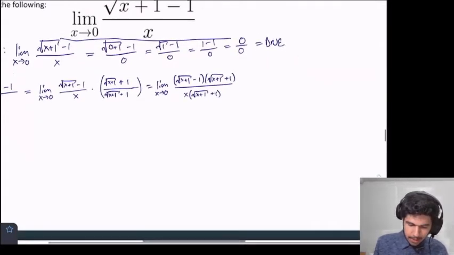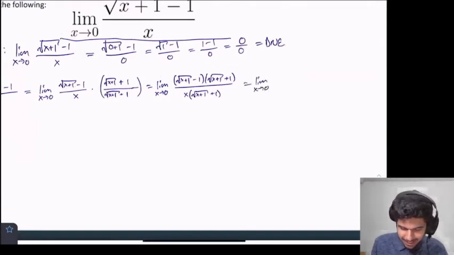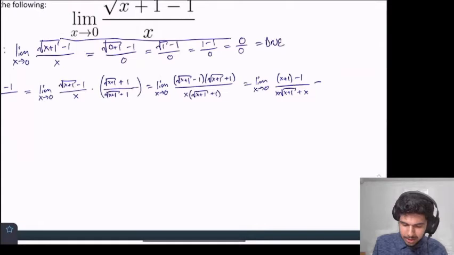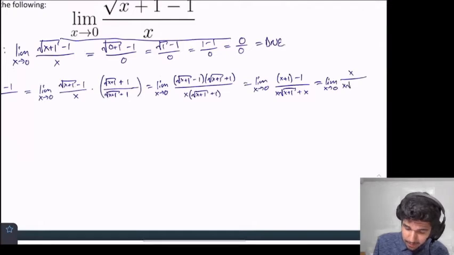And if we do some wonderful arithmetic, we can see that the numerator simplifies a little bit to become just x, and the denominator stays x times the square root of x plus 1 plus 1.